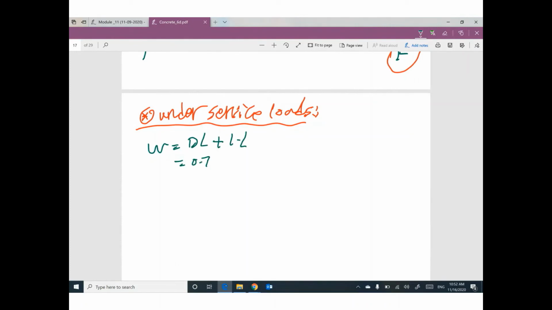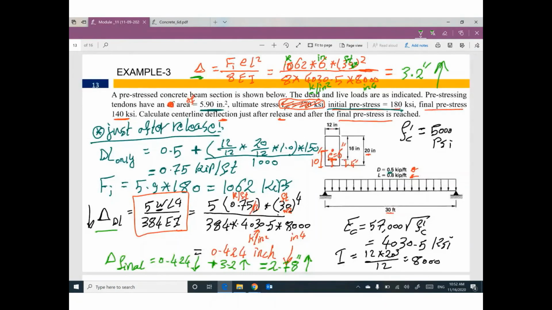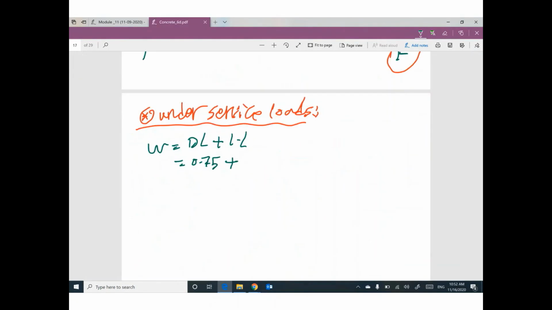So we have dead load 0.75. You need to add the value of the live load 0.8. So the W used for deflection will be 1.55 kip per foot.